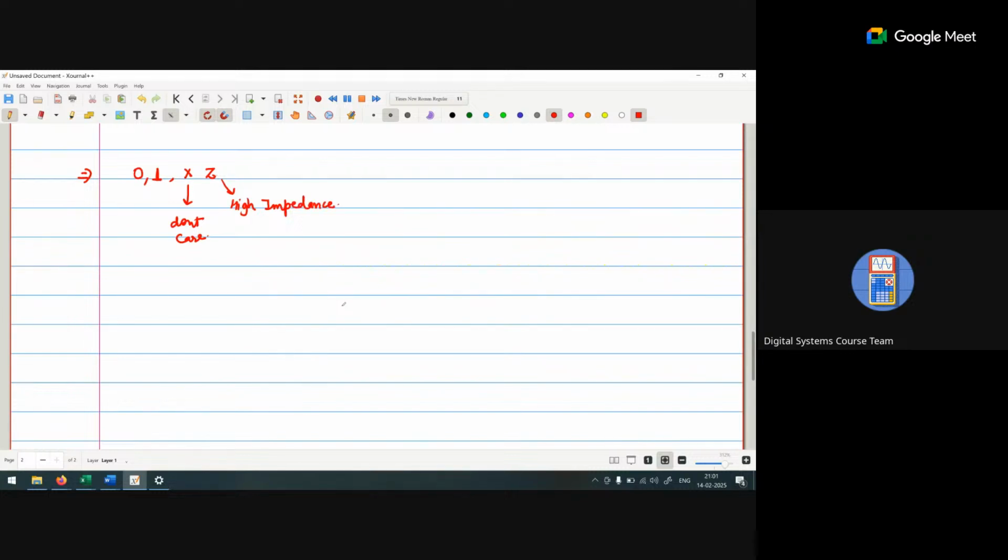Like if the connection is not appropriate, we are not getting 0, we are not getting 1. Say we have this particular gate, and from this one the connection is broken. So what output are we getting? We are not getting a 0 logic, we are not getting a 1 logic.